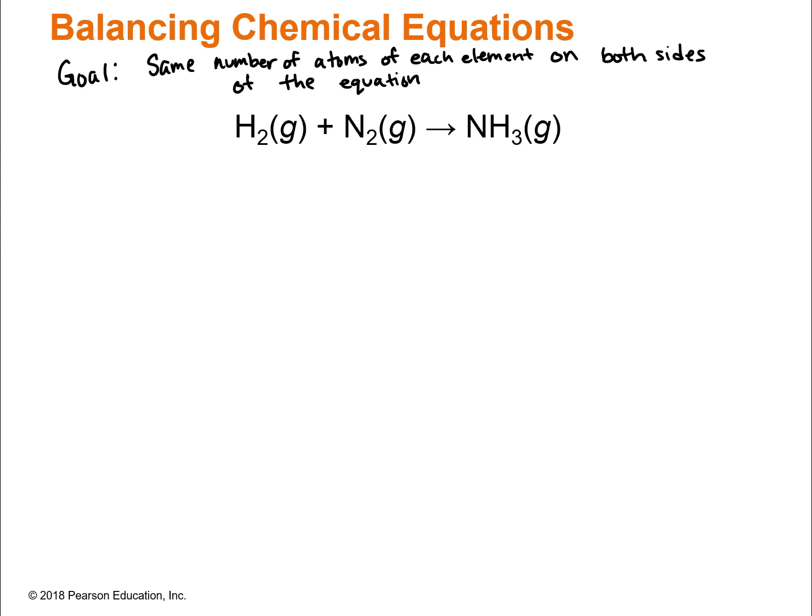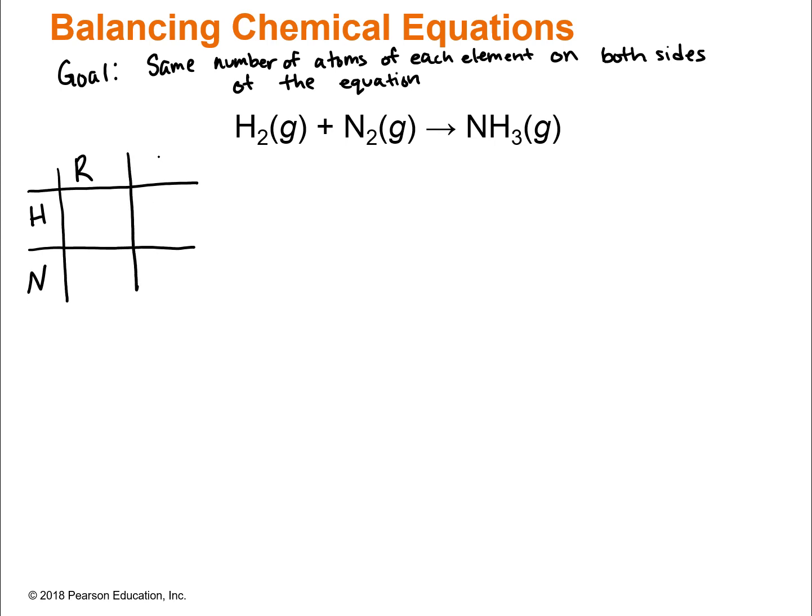To do that, you first have to take stock of what you have. So we've got a simple chemical equation here. We've got hydrogen gas and nitrogen gas coming together to make ammonia. We've only got two elements here, hydrogen and nitrogen.